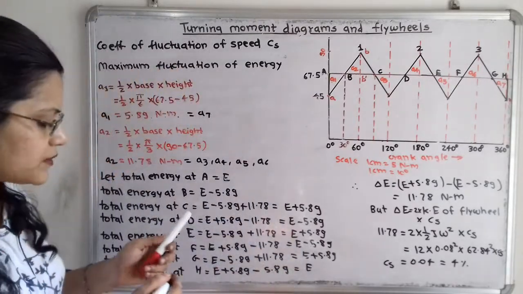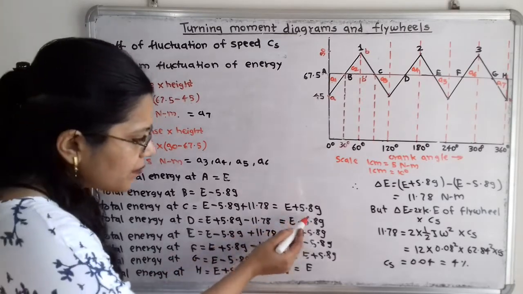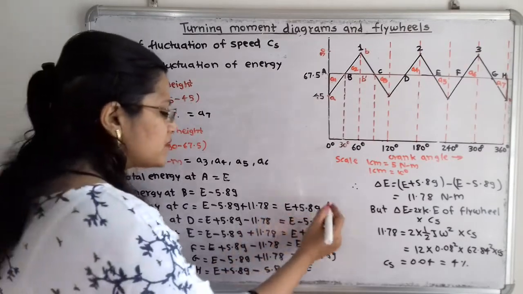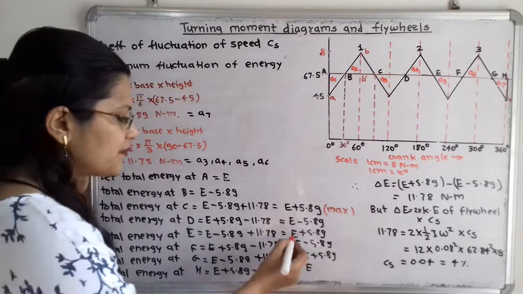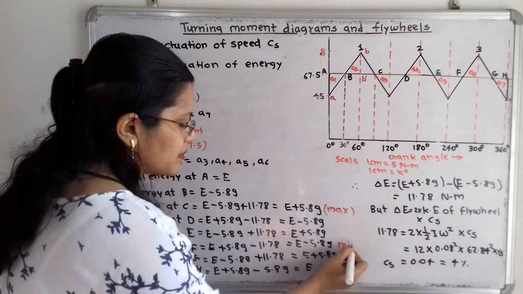So if we observe, for the maximum energy we have to compare the numbers, but these numbers are the same, that is 5.89. So E plus 5.89 we will consider as the maximum energy, and E minus 5.89 we will consider as the minimum energy.